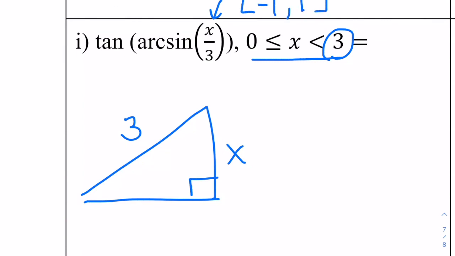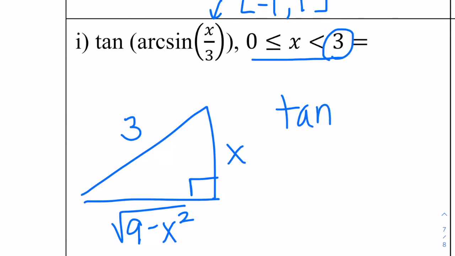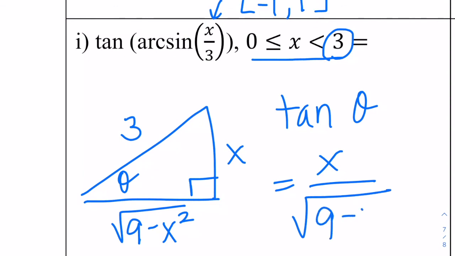So if we limit to 3, then it'll be less than 1. Okay, so the third side here, well, we just use Pythagorean theorem, so it'll be the square root of 9 minus x squared. And so the tangent of this angle, theta, would just be x over the square root of 9 minus x squared.